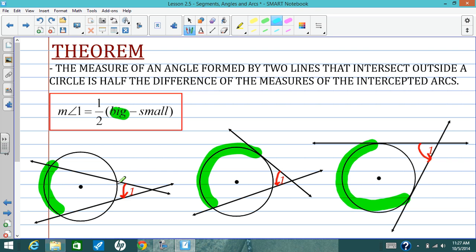And then here in blue, I'll show you the small arc. Again, the small arc is between the two lines. So we have other arcs formed in the first two scenarios, but they're not between the two lines that make the arcs, so those aren't the arcs we're concerned with. And we call the green one the big arc simply because it's bigger than the other one.